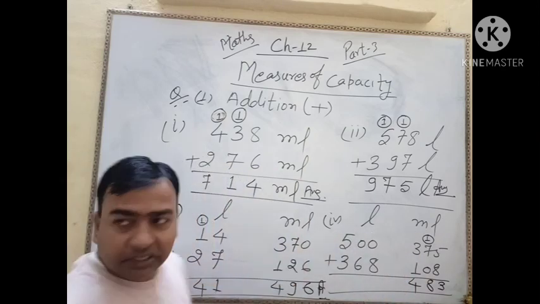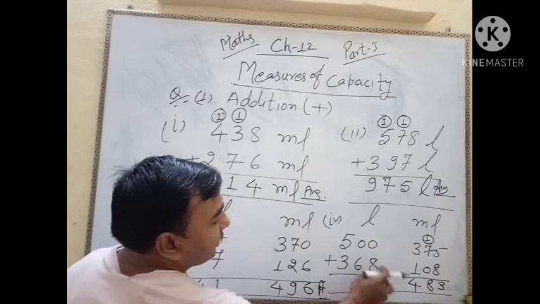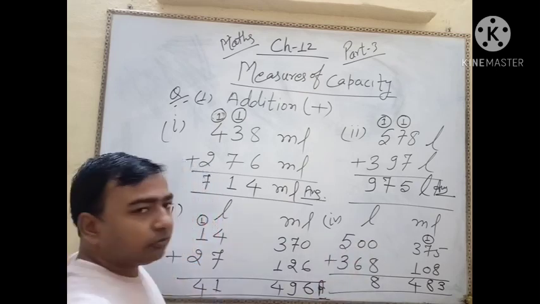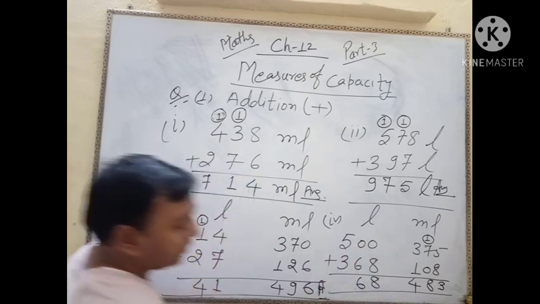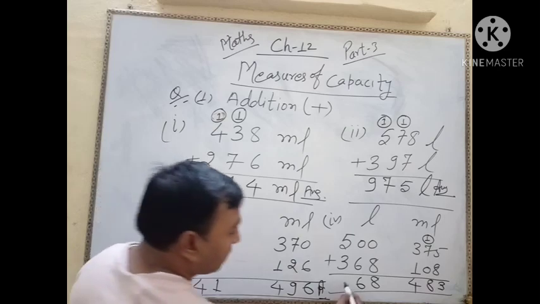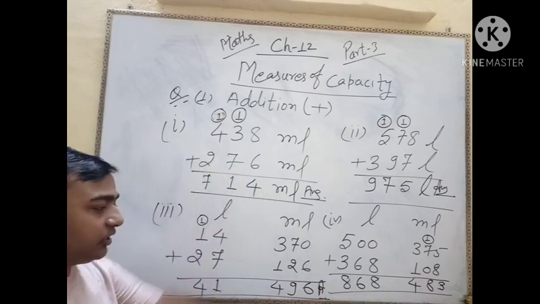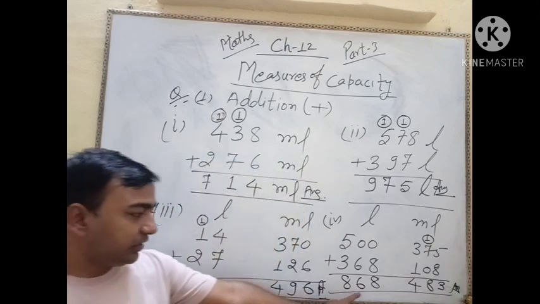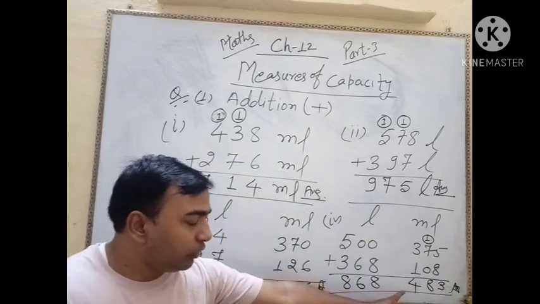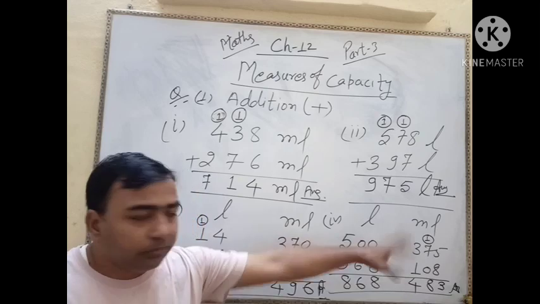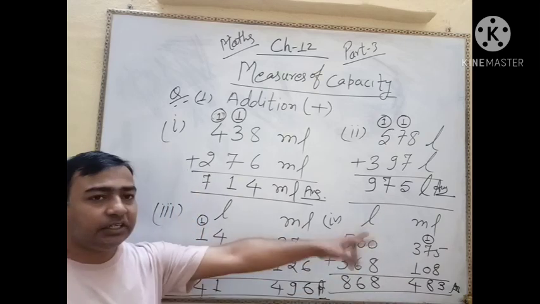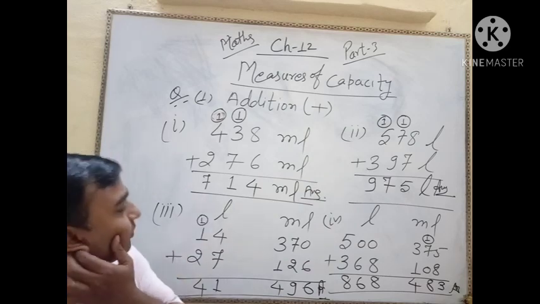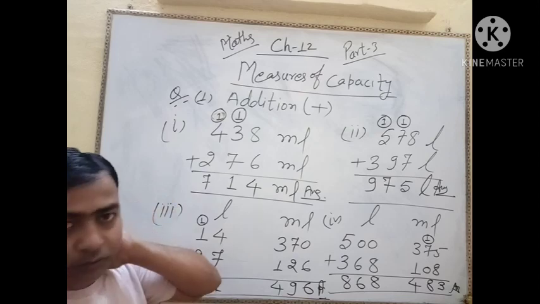Now come to the liter side. 0 plus 8 equal to 8. 0 plus 6 equal to 6. 5 plus 3 equal to 8. So the answer is 868 liter 483 milliliter. So this is the addition of this chapter, chapter number 12.